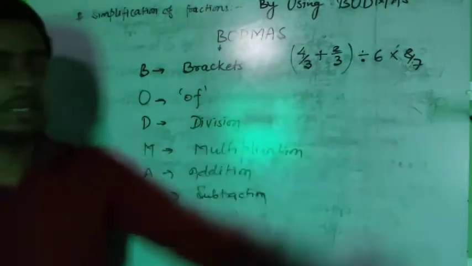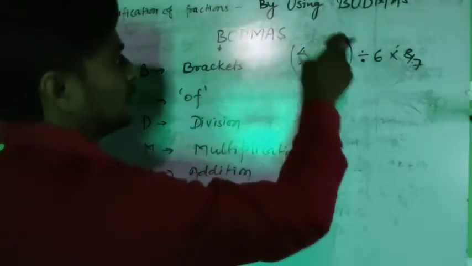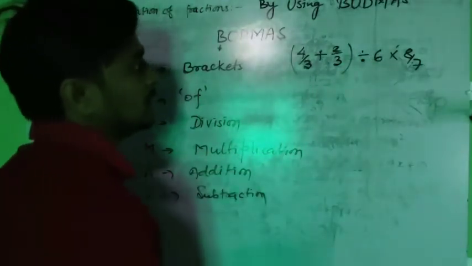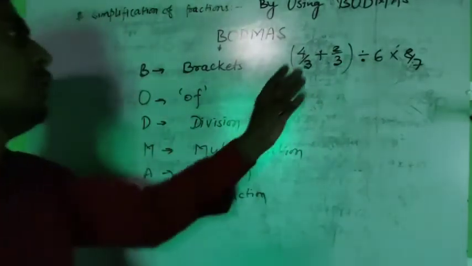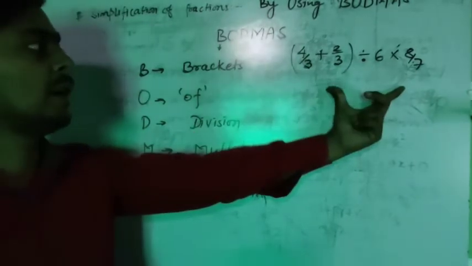So if this is an example and you have to simplify this, now 4/3 plus 2/3 divided by 6 into 8/7. You cannot do whatever you like, you have to follow this rule to simplify this.